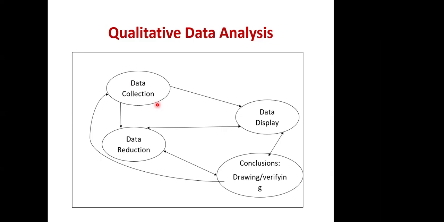So displaying. Rather than everything coming in words, if you can do some charts or pictures or bars using those data, that will be quite useful. It will be quite easier for you to interpret them.